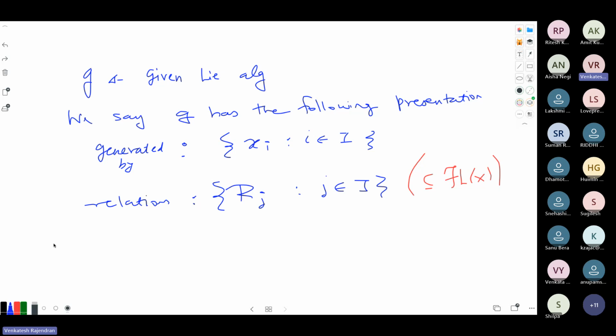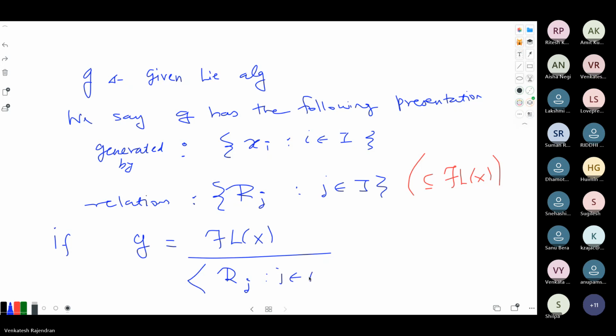So you say that G is isomorphic to FL of X modulo the ideal generated by R_j. Then you say G has this presentation. Of course, depending upon the generators that you choose, the presentation can vary.